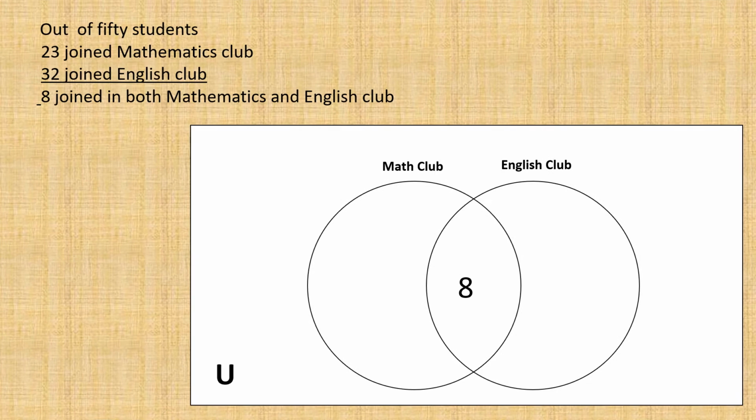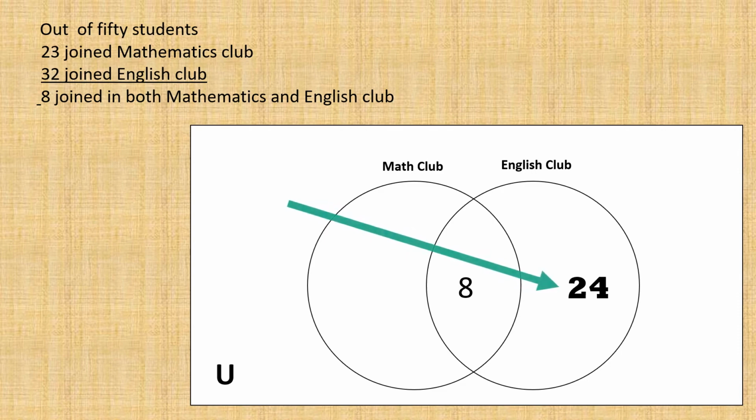Next, 32 joined English Club. Subtract 8 from 32. That means you need to write 32 first before 8. That is 32 minus 8 equals 24. Put 24 in English Club only.